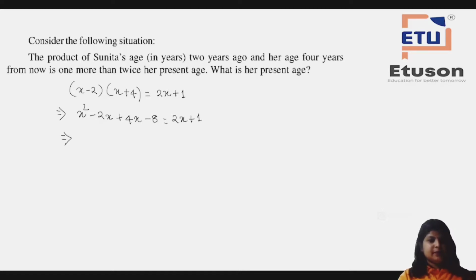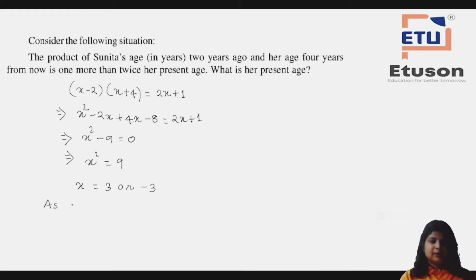This 2x will go to this side, so it will be minus 2x plus 4x, it is plus 2x minus 2x. It becomes x square minus 9 is equal to 0. It implies x square will be equal to 9 and x will be equal to 3 or minus 3.